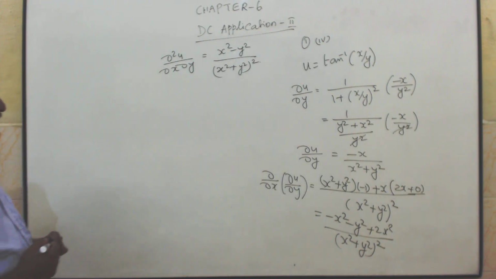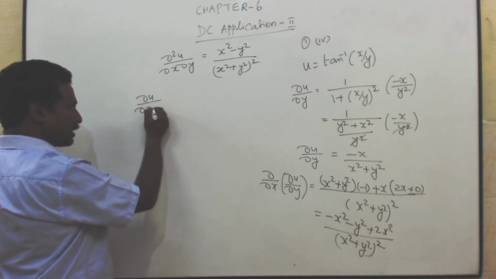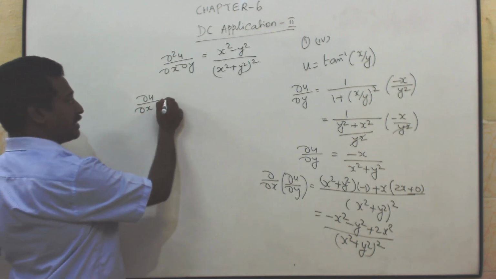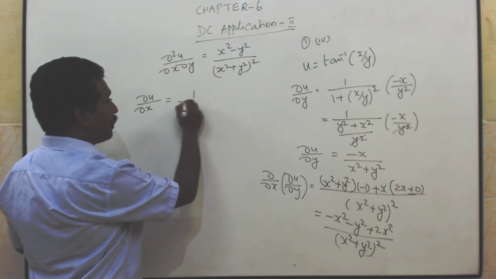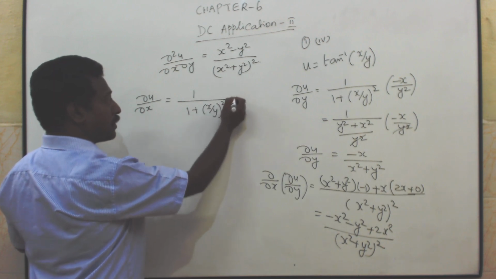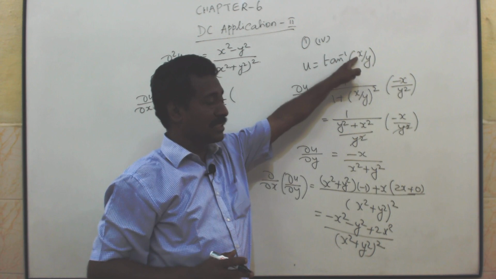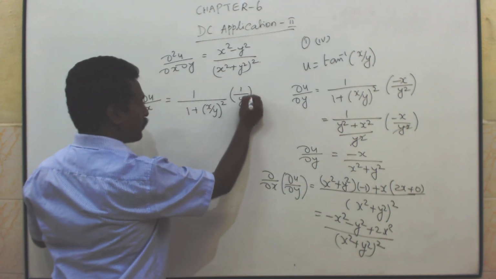Next you have to find the second part, dou u by dou x first. Tan inverse x differentiation is 1 by 1 plus x square. Then differentiation of x with respect to x: x is the numerator, that's why 1 by y.